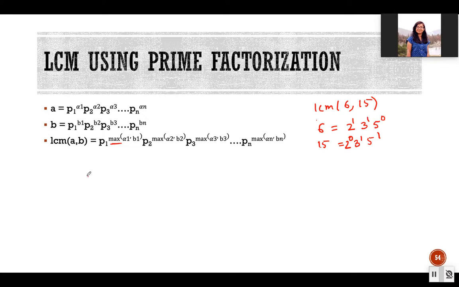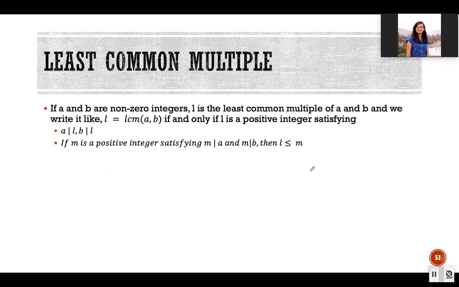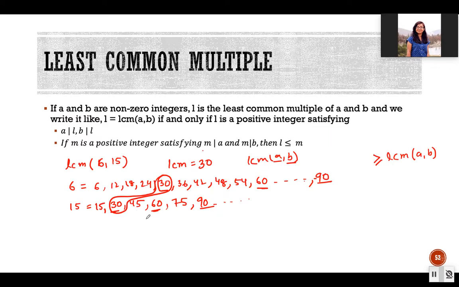Now, what is the LCM of 6 and 15? I take 2, 3, and 5. The max of 1 and 0 is 1, the max of 1 and 1 is 1, and the max of 0 and 1 is 1. That's our LCM: 2 times 3 times 5, which is 30. So the LCM of a and b is 30.